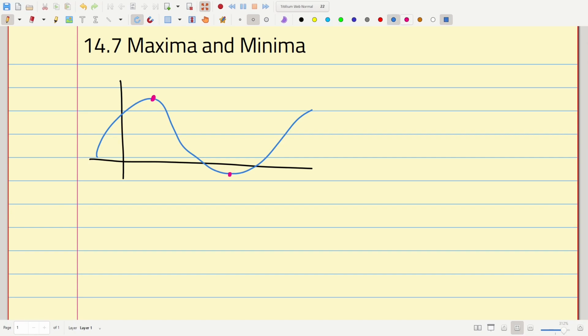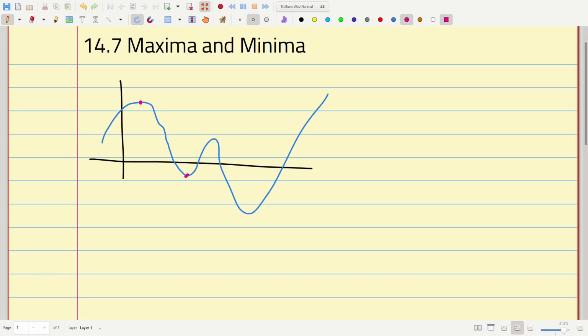Now, there are some different situations under which this can occur. For instance, we might have a situation like this, where here we have a maximum value, here we have a minimum value in that region, and then another minimum value down here. And we need to be able to distinguish between these things.